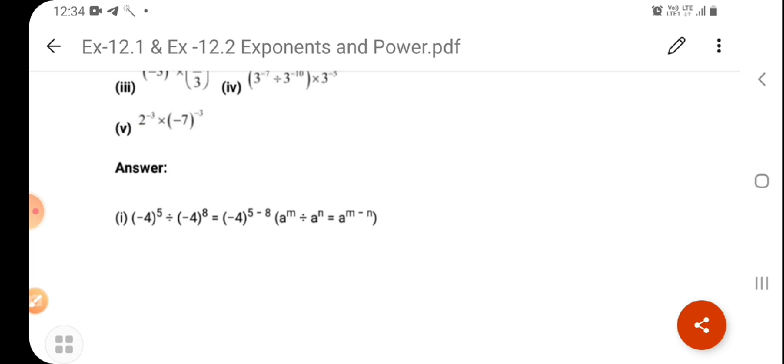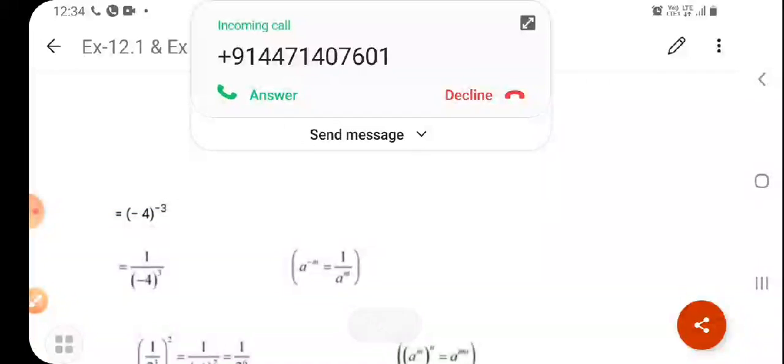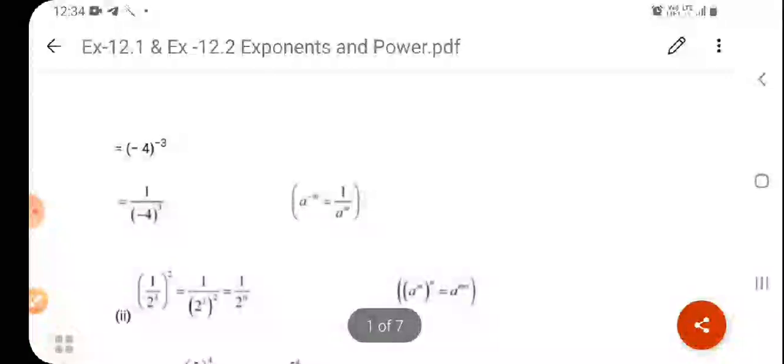So we will write the base as minus 4 and take the subtraction of the powers, 5 minus 8, which is equal to minus 4 to the power minus 3. Okay, so it is equal to 1 upon minus 4 to the power 3. And here a to the power minus m is equal to 1 upon a to the power m.